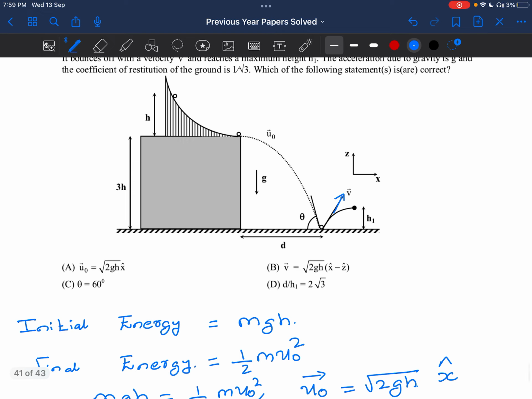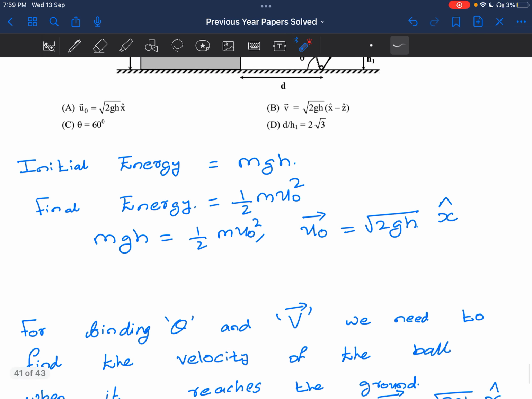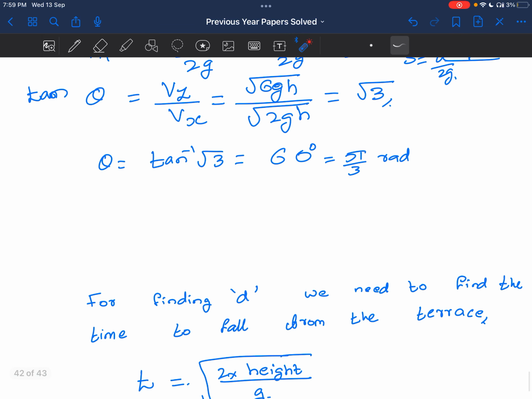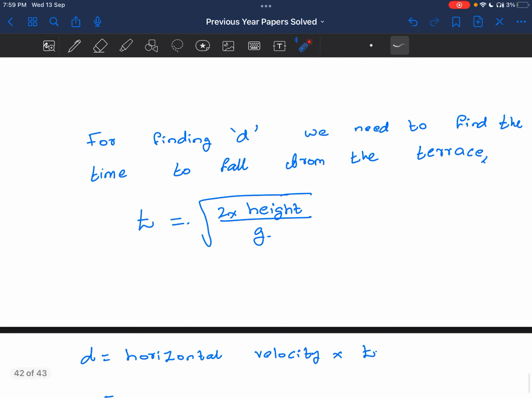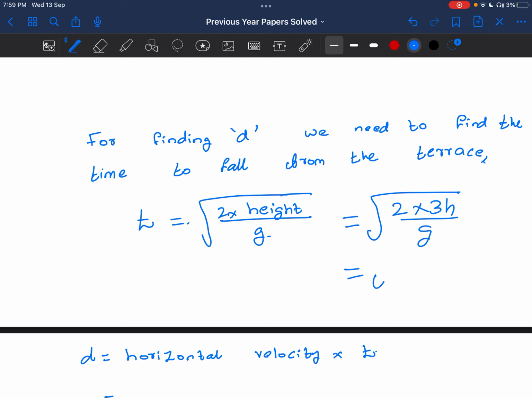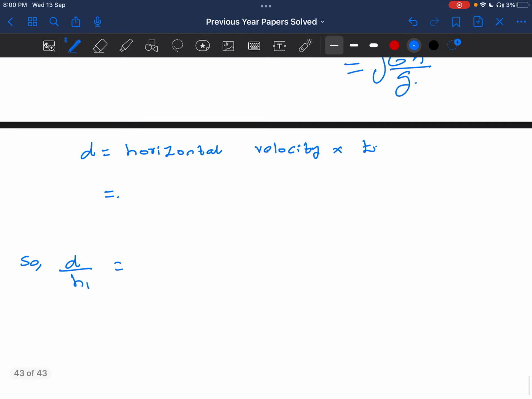Now for finding d, that is this distance, the distance between the terrace and the first landing point. For finding that, we need to find the time of fall, which is simply again a question of free fall, that is root of 2 into height by g. The height is 3h, so we will get root 6h by g. Now d is the horizontal velocity into time.